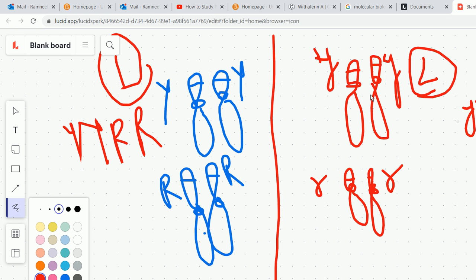Small y is for green color, which is a recessive character. So these alleles are on this chromosome, and small r, these are the two alleles for the texture, and they are recessive characters. These are the wrinkled, that's for the wrinkled texture. Okay, so this is the genotype of this plant, and this is the genotype of this plant.